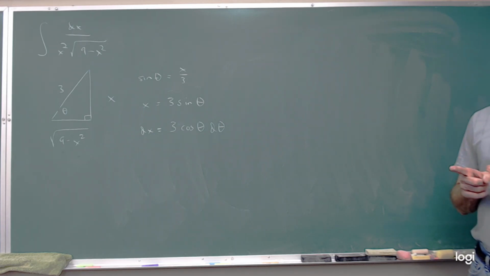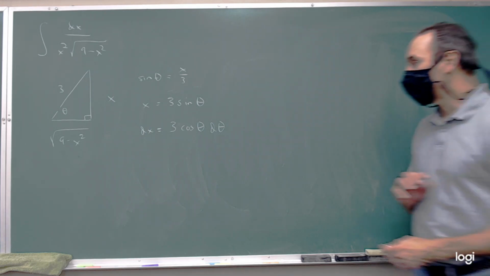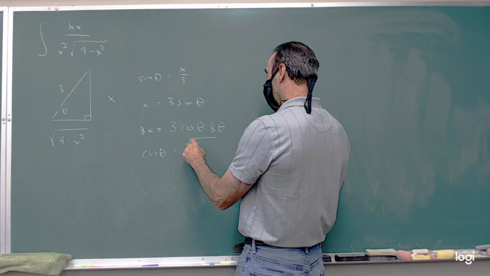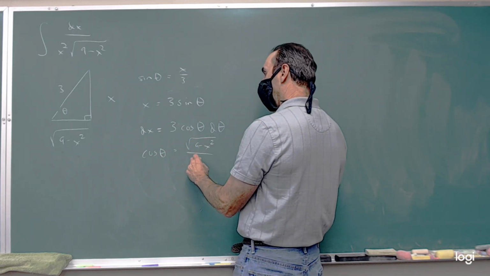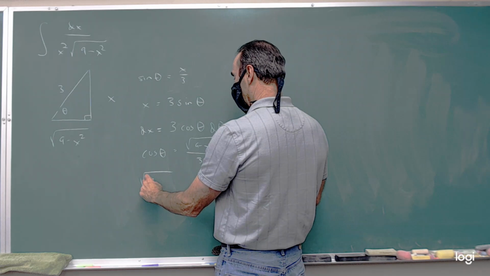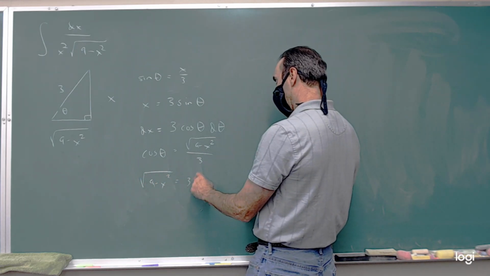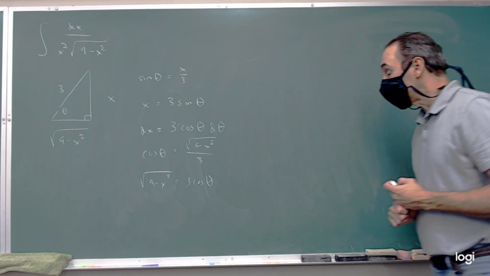We want to partner it up with the constant. So what trig function connects the radical? Okay, good. So cosine theta is going to be the radical over 3. So our radical is going to be 3 cosine theta. I think that's everything we need.